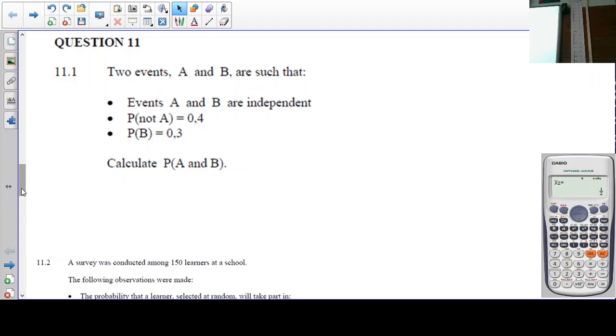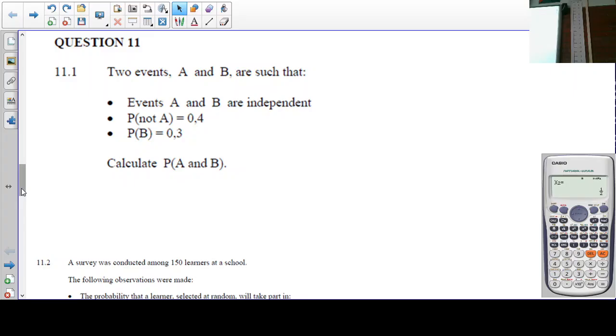Right, probability. Two events, A and B, are such that... a lot of bullet points in this paper, no? Such that events A and B are independent. If you are told it's independent, what comes to mind?